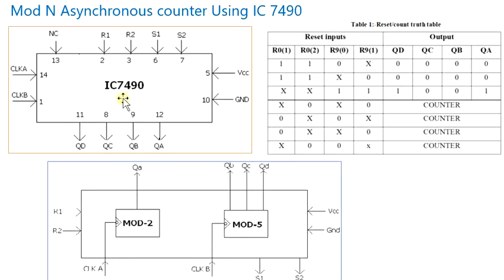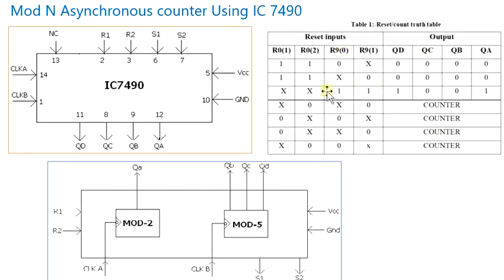If both the reset inputs R91 and R92 are at logic 1, then the counter output is set to decimal 9, that is why you obtain 1001.